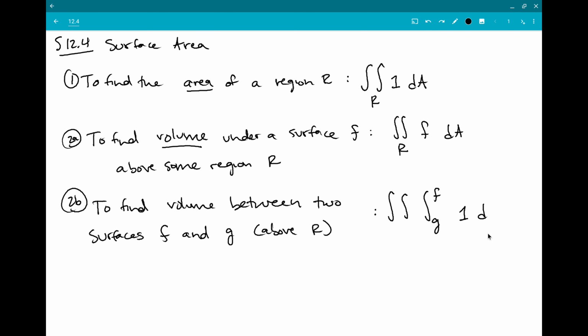This is a triple integral, so we do dV. That could be dx, dy, dz, or r, dr, d theta, dz, or rho squared sine phi, d rho, d phi, d theta, whatever you want.